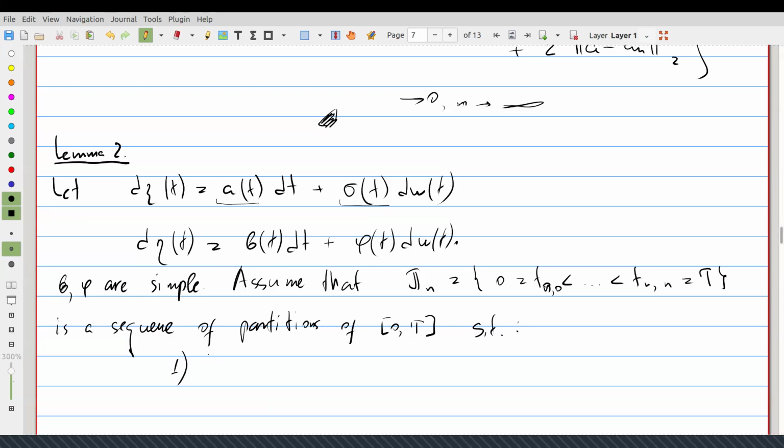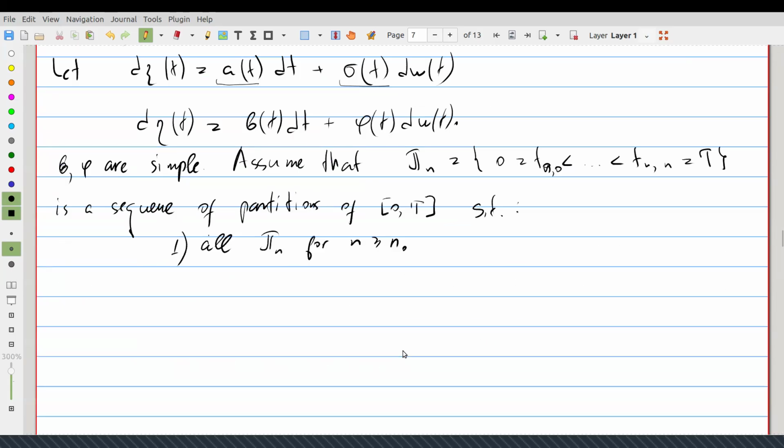First, all pi n for n greater than some fixed n0 contain all support points for b and phi.